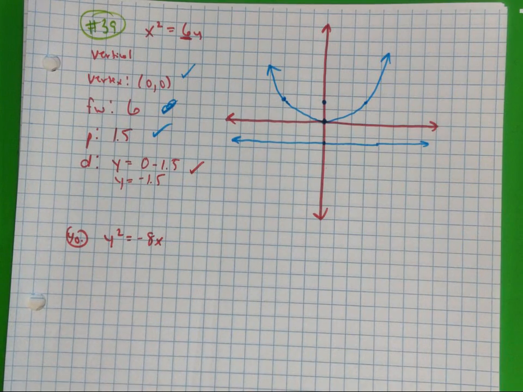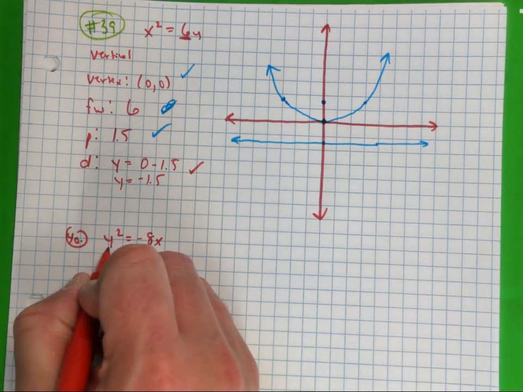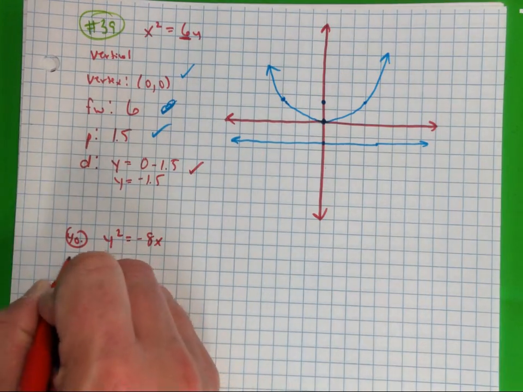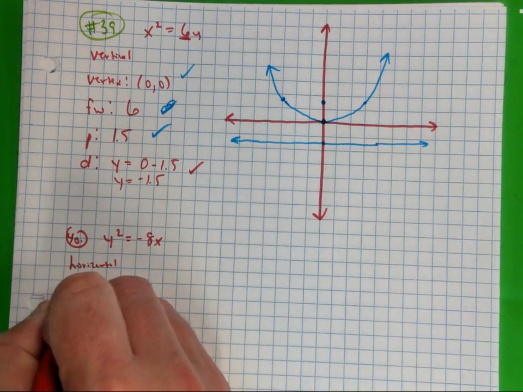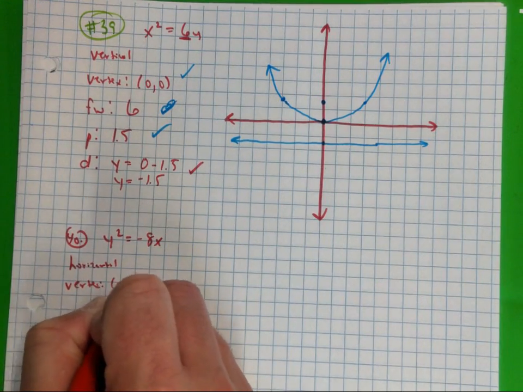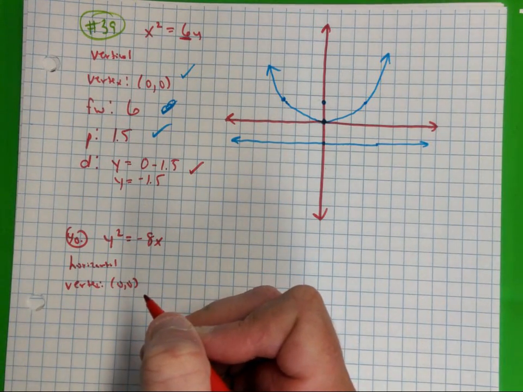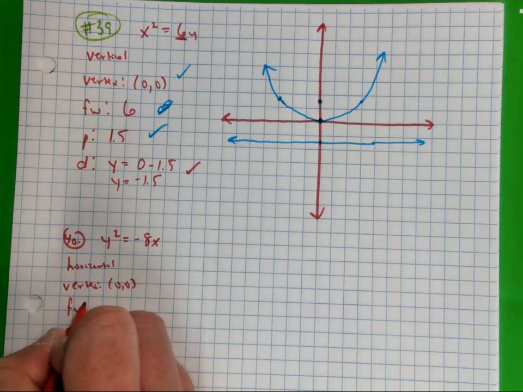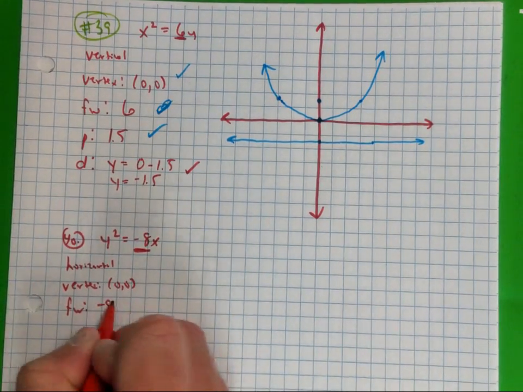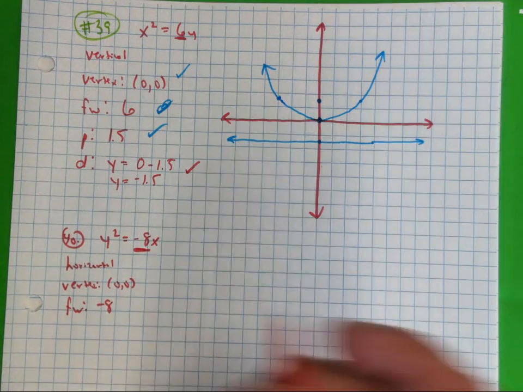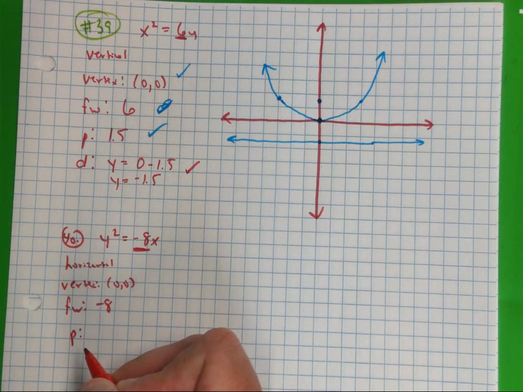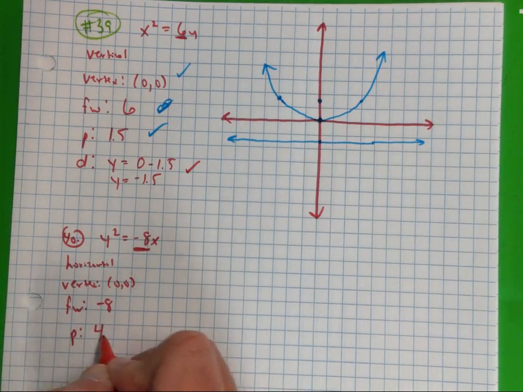Y squared equals negative 8x. Y squared, y comes first, so this will be horizontal. It's opposite of what you think. Vertex, there's no parentheses, so it's 0, 0. Focal width is the number here, negative 8. Take the focal width, divide by 4, that's 2.